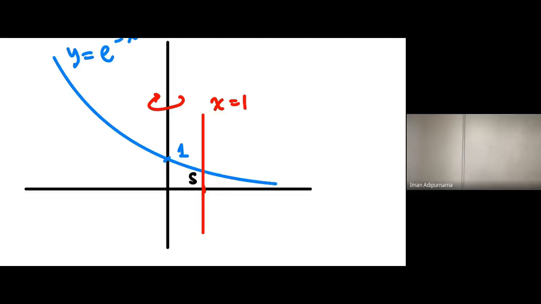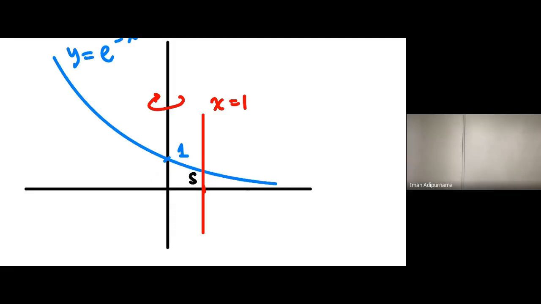Now to choose which method, you can use the rectangle. Maybe a rectangle like this makes it the disk method, or this one is the shell, right? Between those two you choose your preference.